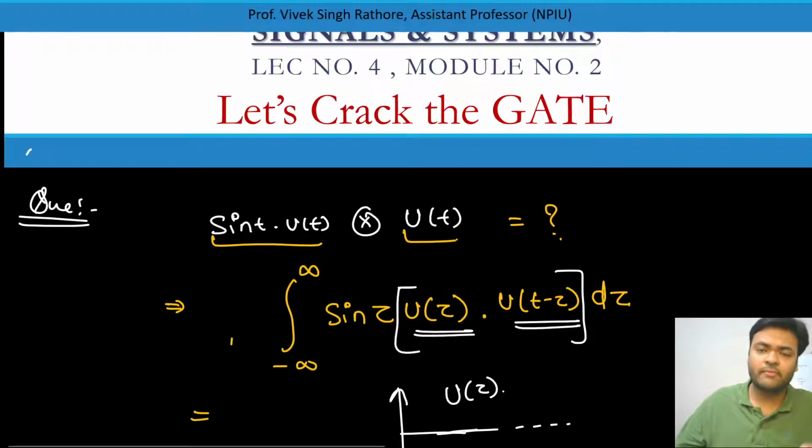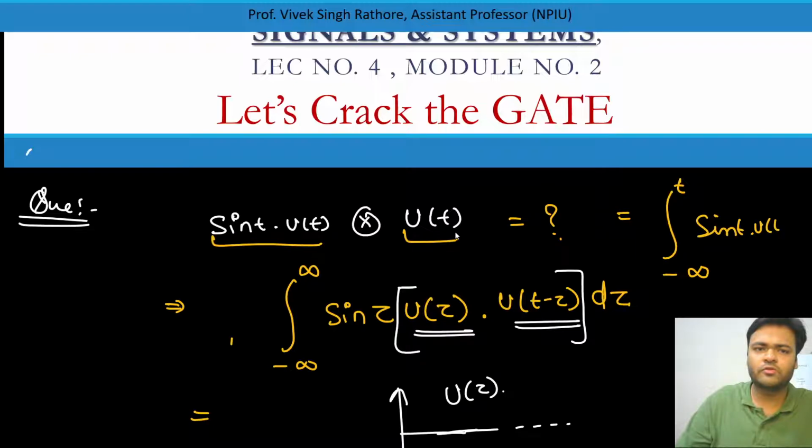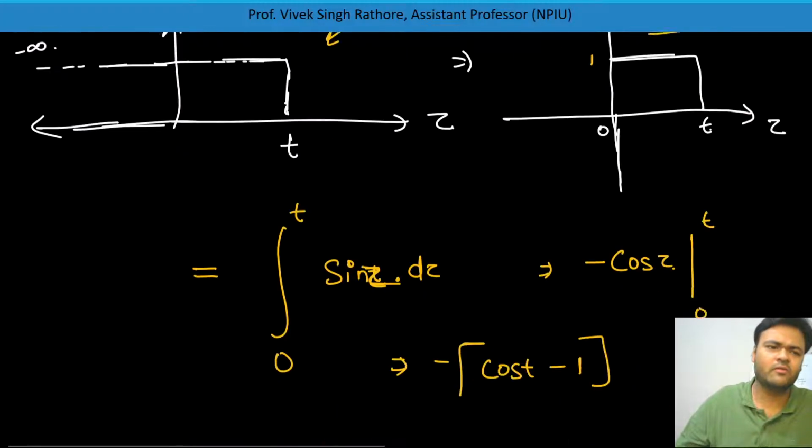If you remember the property, whatever signal is convolved with u(t) represents integration also. So from minus infinity to t, sin t into u(t) also you can do, and there also u(t) is there, so you can do from 0 to t sin t dt, and there also you can calculate the same value that we are getting.